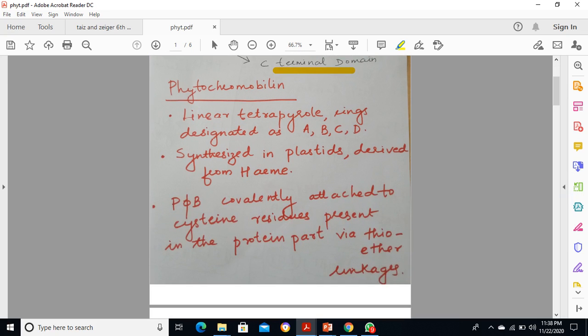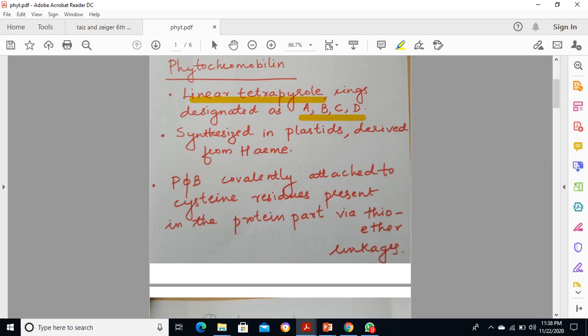Now coming to the non-protein part, that is phytochromobilin, it is a linear tetrapyrrole ring designated as A, B, C, D. This phytochromobilin is synthesized in the plastids. You know the plastid, the chloroplast, is present in the cell, and it is derived from heme.